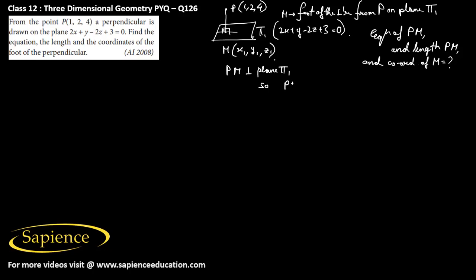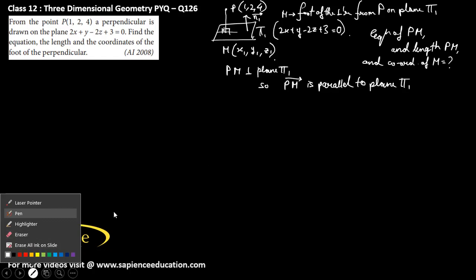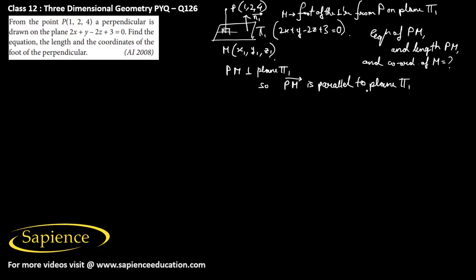So it means the PM vector is parallel to the normal vector to this plane, which is the n1 vector. PM vector is parallel to the normal vector n1 of the plane pi 1.